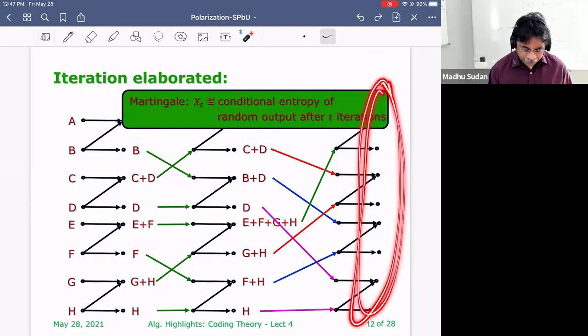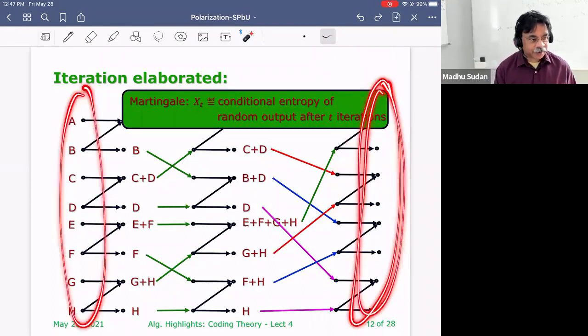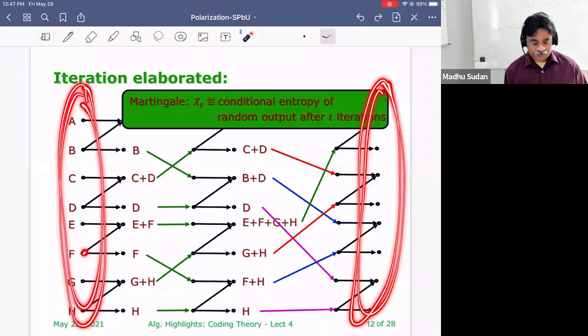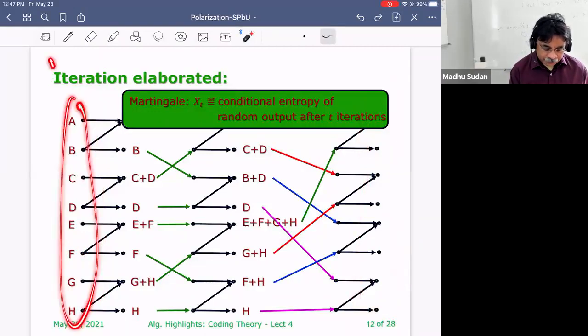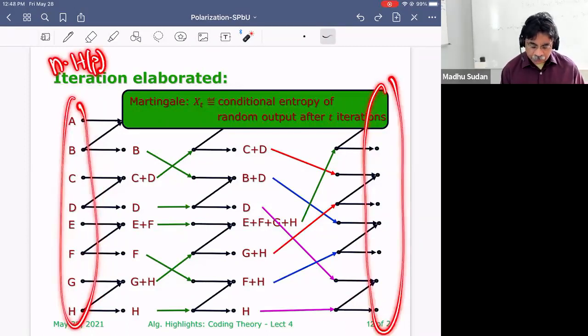And the entropy of this vector is n times entropy of one of these variables, entropy of P. So the entropy here is n times h of P. The entropy there will have to be n times h of P also.